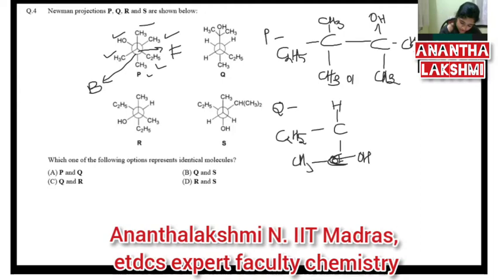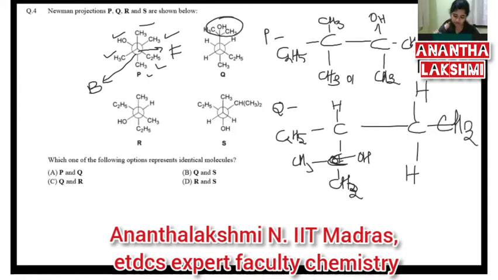I hope you're following what I'm writing. I'm writing this group here, that is this. And then for the back carbon, what are the 3 groups? It is easy: H, H, and CH3.